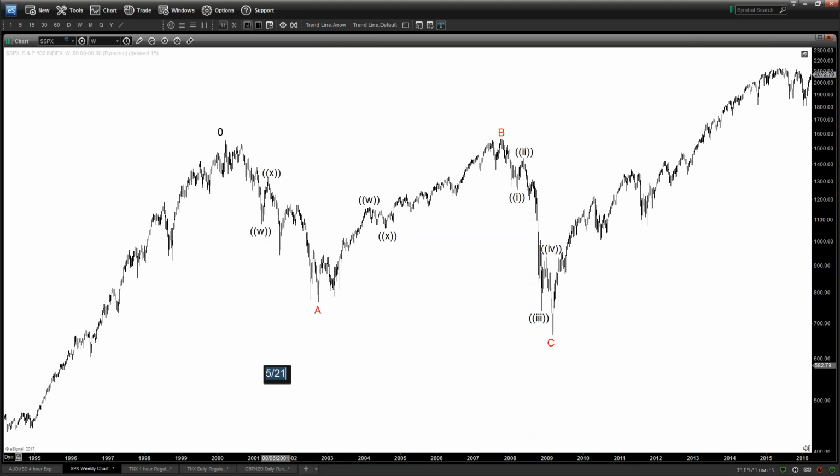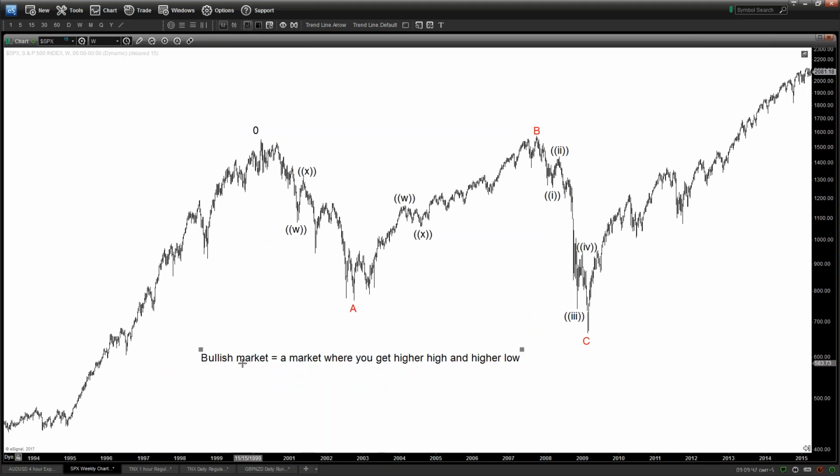In the trading world, a bullish market is a market where you get higher high and higher low. Okay, the definition of a bullish market is as simple as this: a market where you get higher high and higher low.